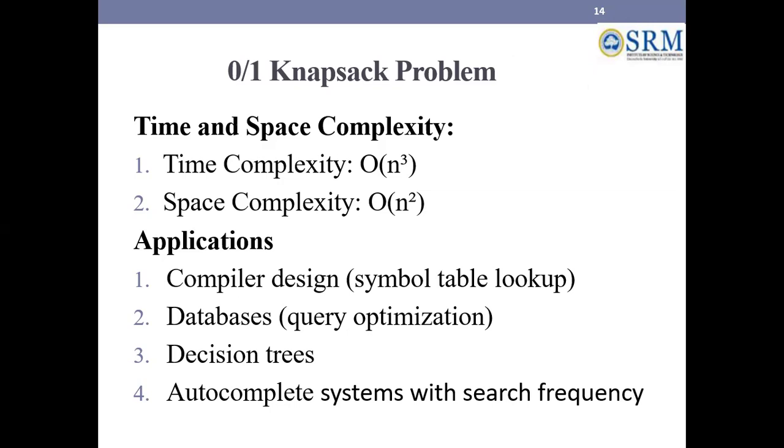We are using a two-dimensional table, with rows and columns, so the space complexity is n squared. Time complexity is based on the number of iterations, the number of looping statements. Here we are using three looping statements in the Python code, so the time complexity will be order of n cube.